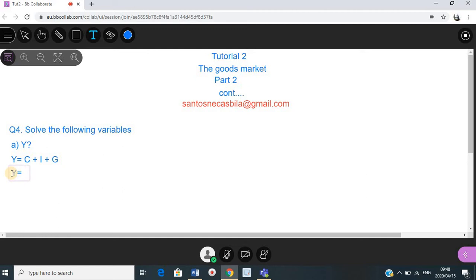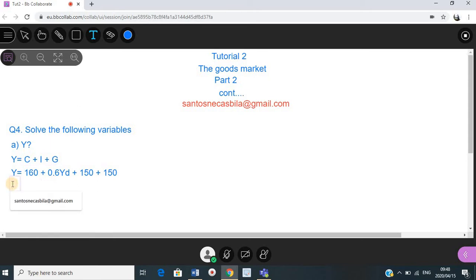Y is equal to 160 plus 0.6 YD plus 150 plus 150. Very good. So here we don't include minus T because we are going to plug it in here in the disposable income.